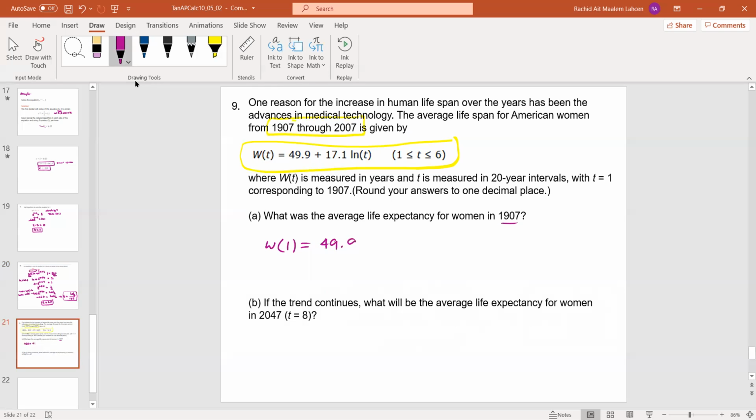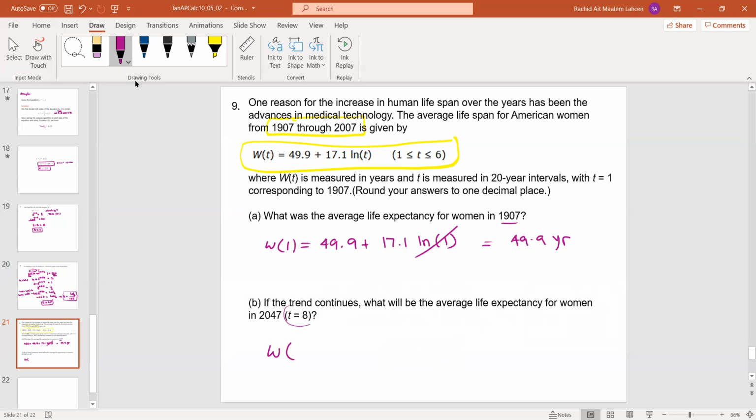So for 49.9, the only difference in this example is now you have ln, and you evaluate whatever that is. In this case it's ln of 1, which is 0, and you get 49.9 years.